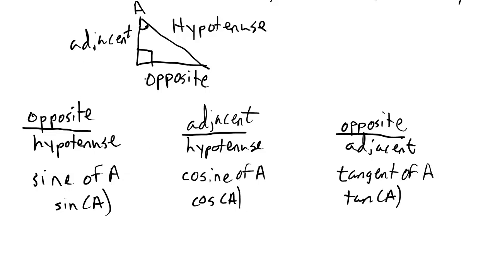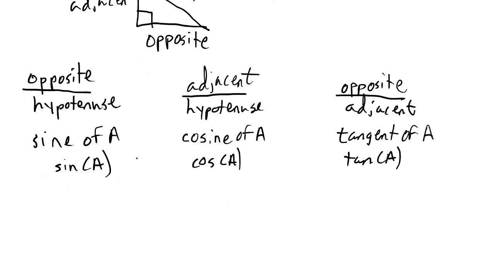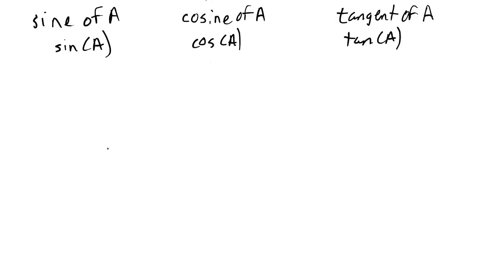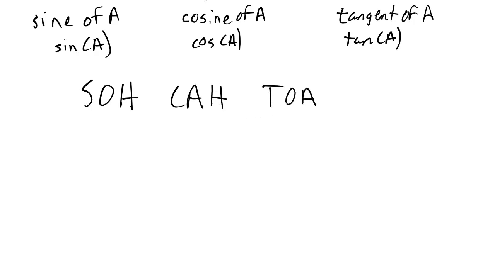Now, this can be a lot to remember. So how do we remember it? Well, luckily we have a mnemonic device, an acronym for us. The acronym is SOH CAH TOA. How does this help us remember? Well, sine is the opposite over the hypotenuse.